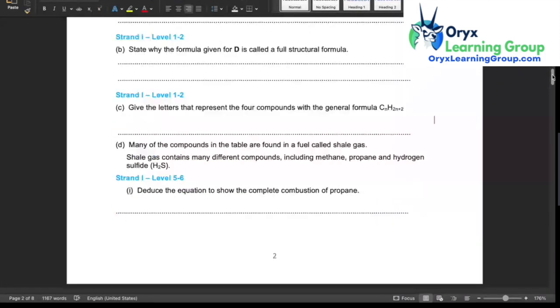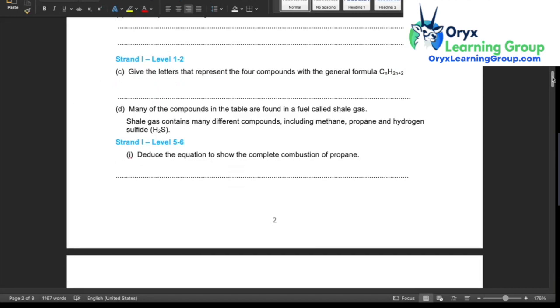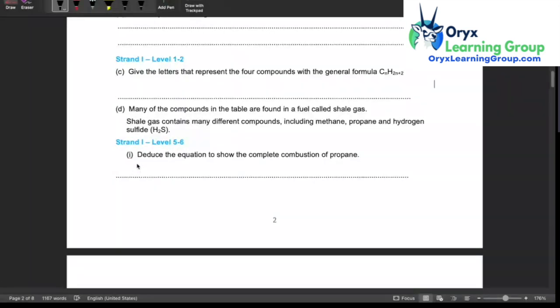Okay, next question is deduce the equation to show the complete combustion of propane. Yes, please try it out. So what is the formula of propane? Alex, can you tell me what is the formula of propane? Is it C4H10?